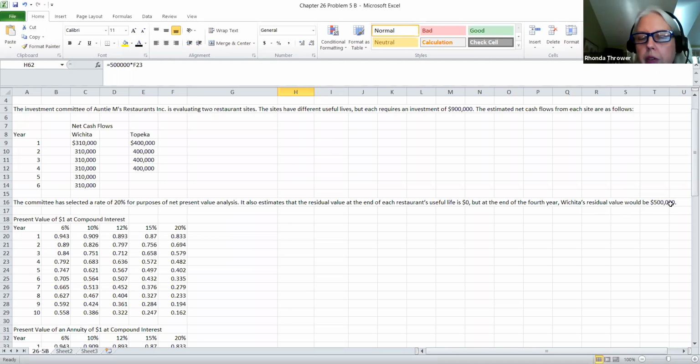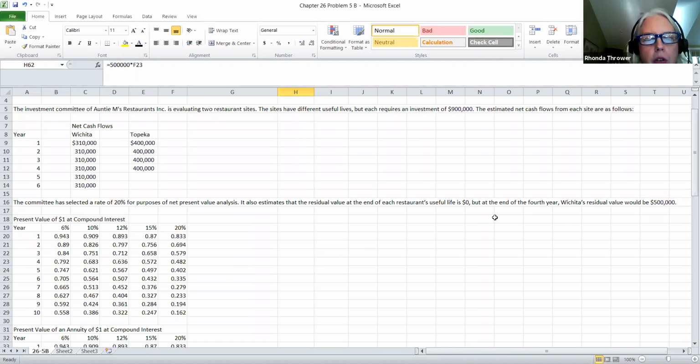So we have to use this 500,000 and apply a present value to this amount, because that means something to us. If we sold the restaurant, we ought to be able to get $500,000 in cash for it.